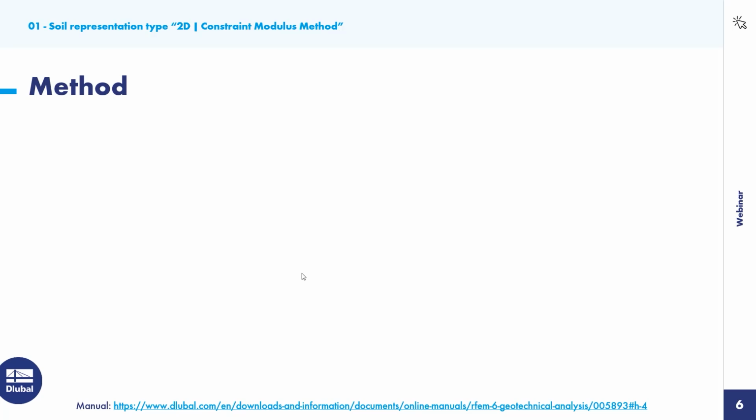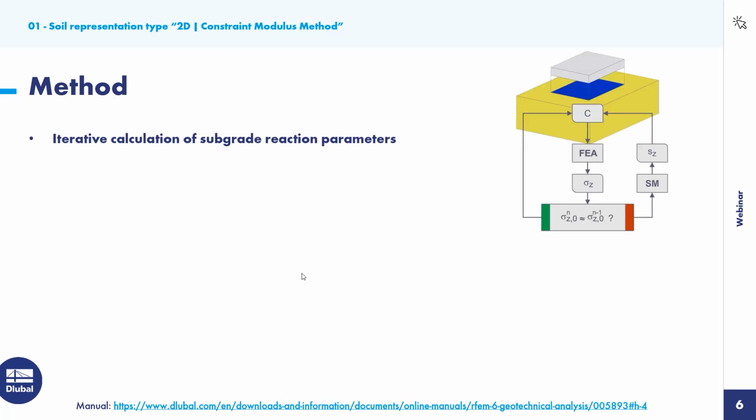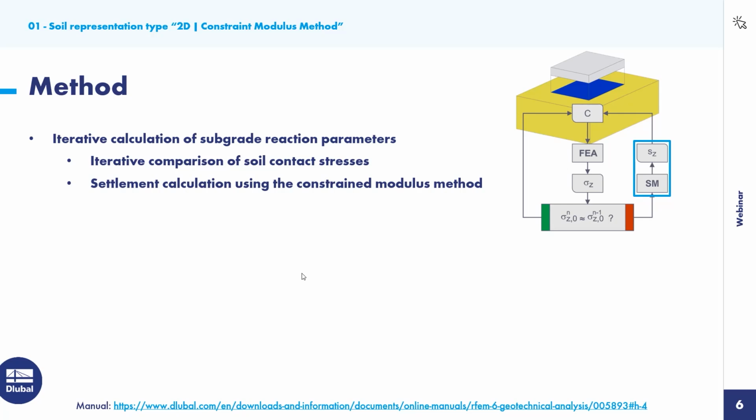Now I will describe the method. The constraint modulus method implemented here uses the iterative calculation of the subgrade reaction parameters by iterative comparison of the soil contact stresses. So if the contact stresses from the former iteration and the actual iteration are equal, the settlement calculation will be done using the constraint modulus method and gives back spring stiffnesses as elastic support coefficients.